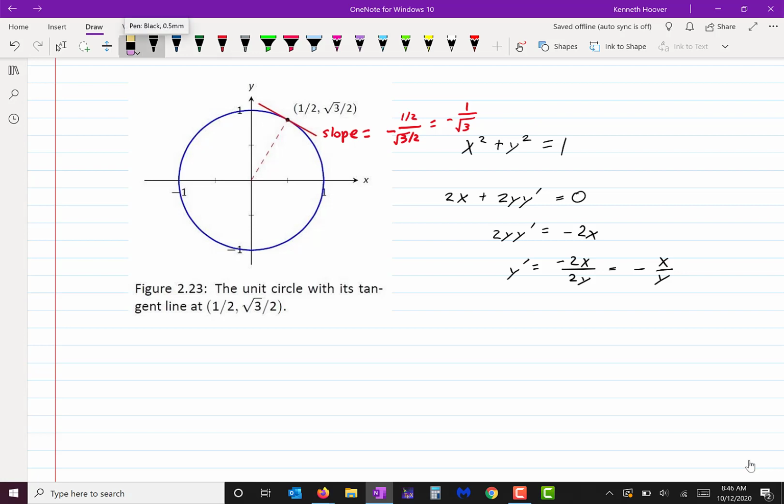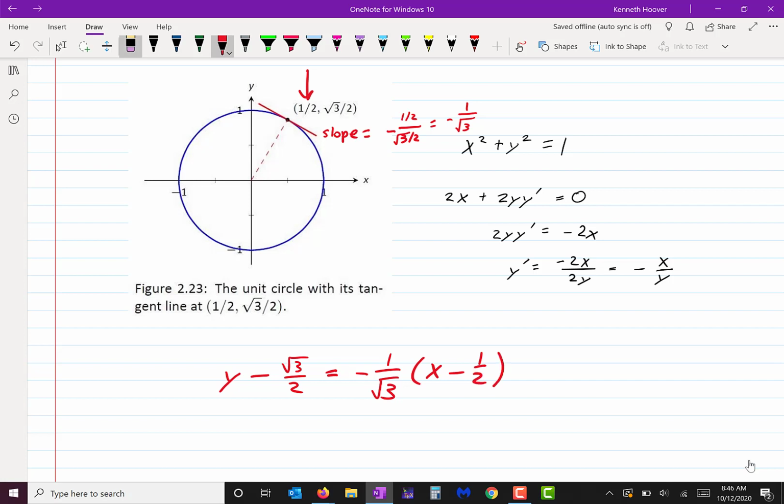Okay, so our equation of that line is y minus root 3 over 2 equals negative 1 over root 3 times x minus 1/2.